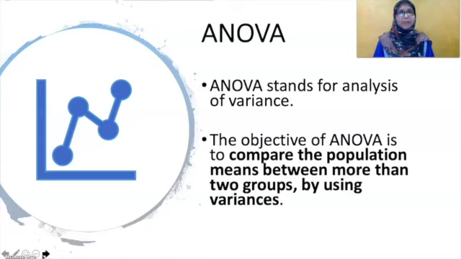However, the maximum number of categories or levels for the independent variable in an independent sample t-test is 2. So what happens when you have more than 2 categories for your independent variable? You cannot run an independent sample t-test, but instead you will use one-way ANOVA by using variances.